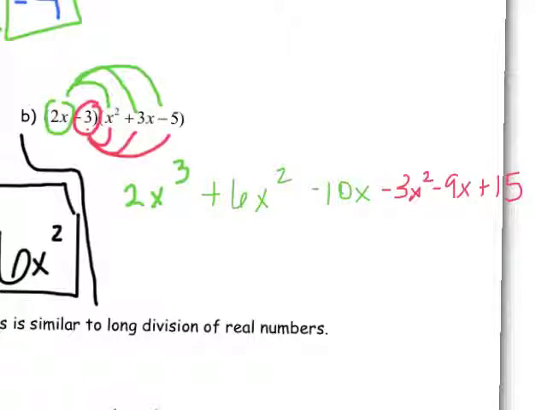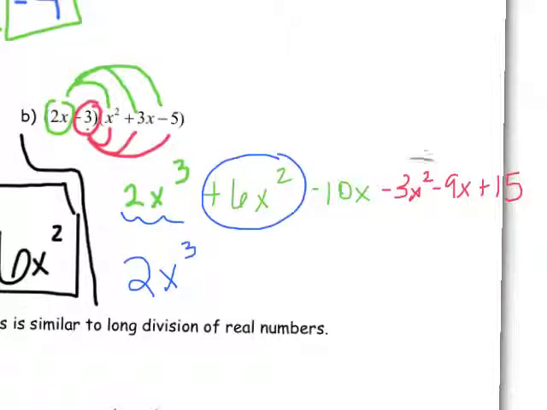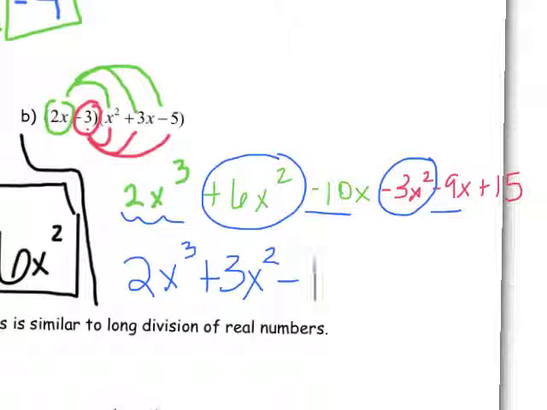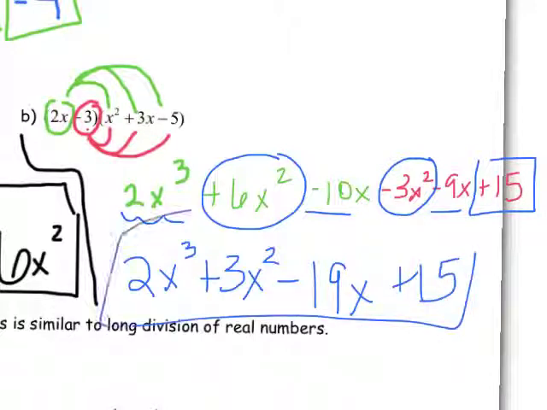Okay, if we do some combining of like terms, I've got 2x cubed, that's my only x cubed term, so 2x cubed. I've got 6x squared with minus 3x squared, so positive 3x squared. I've got negative 10 minus 9, minus 19. And 15 is the only number, plus 15.